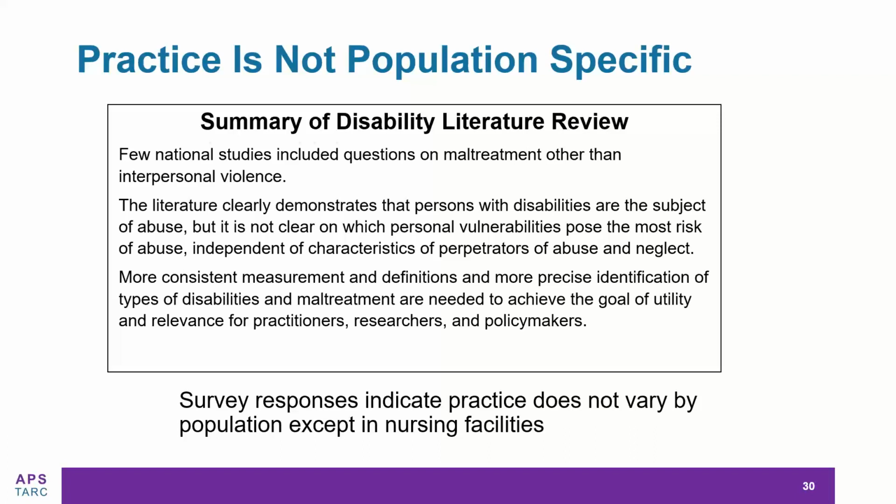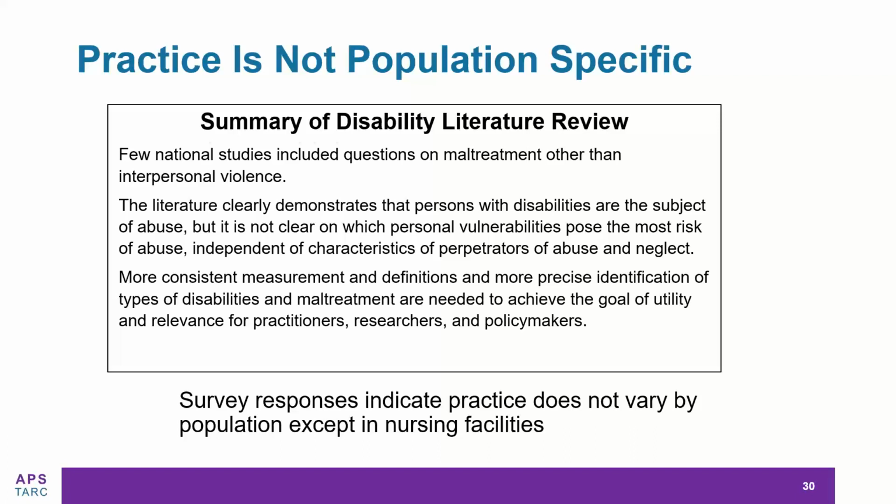And the box there contains a summary of the disability literature review. There was not much literature on disability in APS investigations. That's the first finding from that. It does clearly show, though, that persons with disabilities are subject to abuse. It wasn't real clear on what kind of vulnerabilities put them at risk for that.